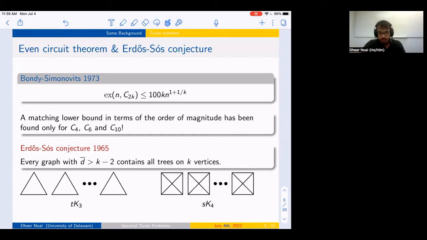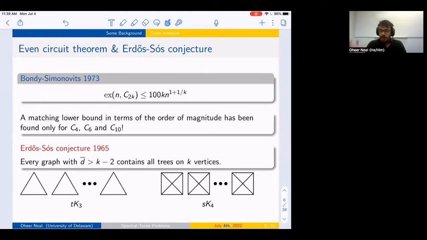So for example, consider you're forbidding trees on 5 vertices, k minus 2 is 3. So we're saying that any graph with average degree more than 3 is going to contain all trees on 5 vertices. And the extremal configurations in these cases come from just taking disjoint copies of some cliques on one less vertex. So this is still open.